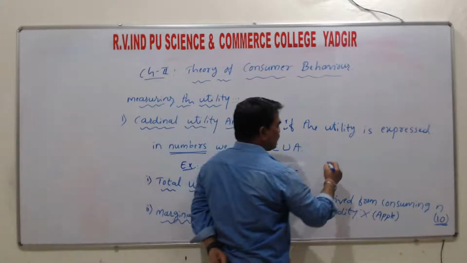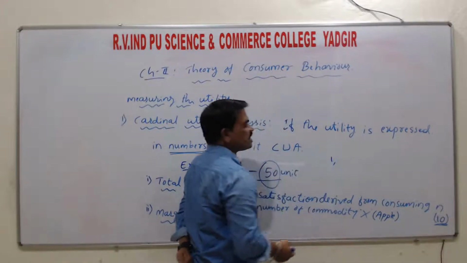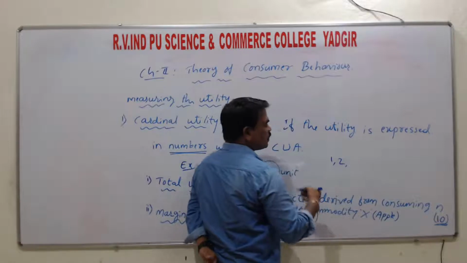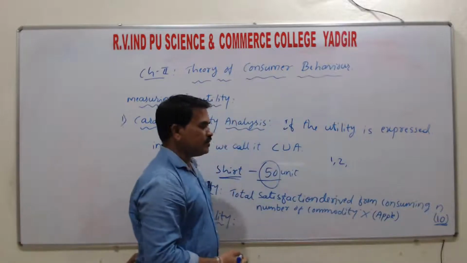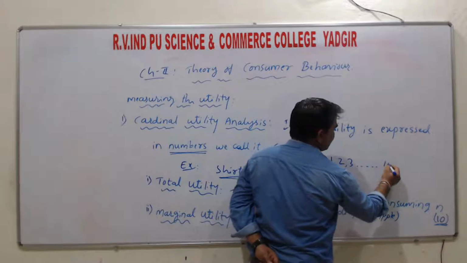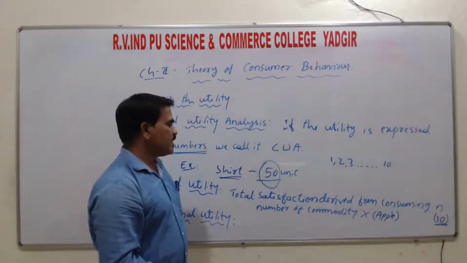So when I say that I consume one apple, what is my satisfaction level? When I consume two apples, what is my satisfaction level? When I consume three, like that. When I consume 10 apples, what is my satisfaction level?